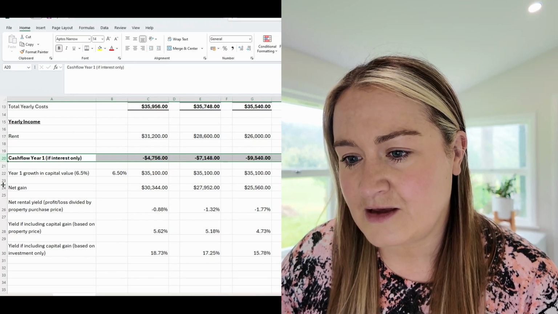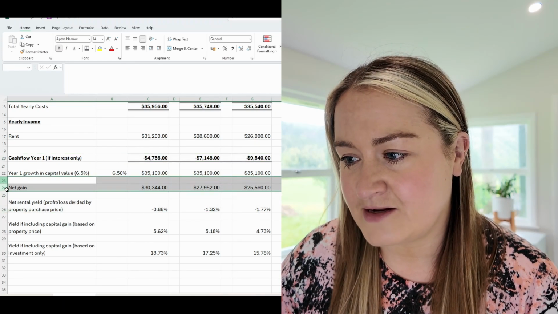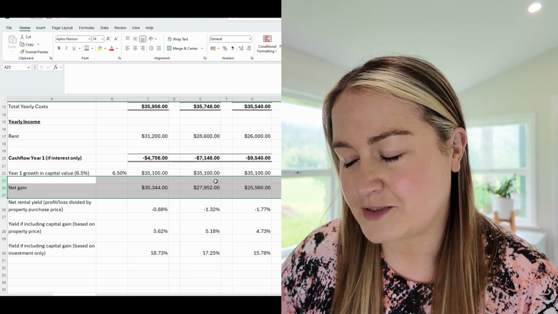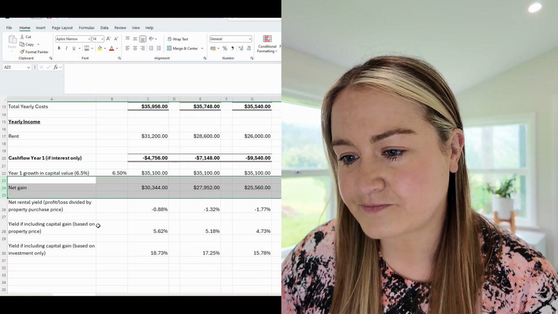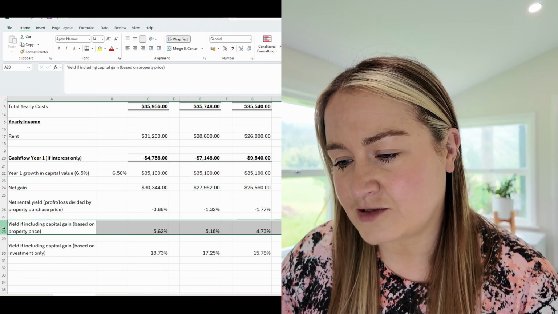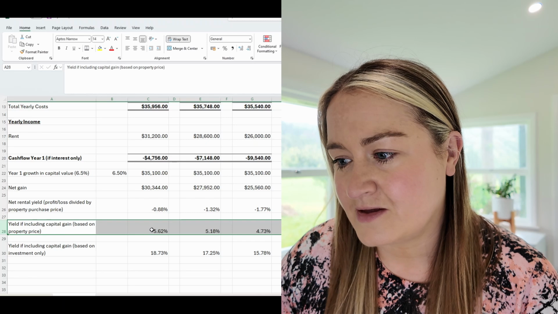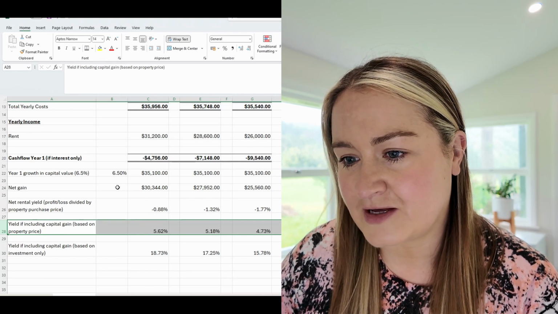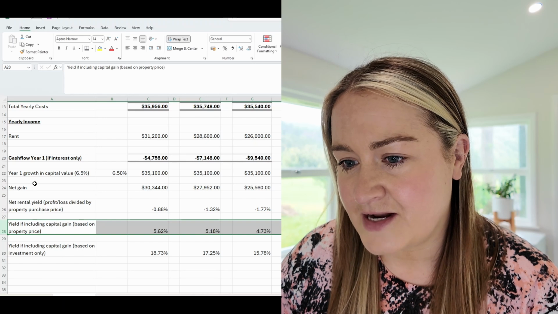But the benefit of property is in the capital gain, which is tax-free if you hold the property for more than 2 years. So let's calculate the yield if we include the capital gain. So this is based on the purchase price. So what I have done, I've calculated the net gain.